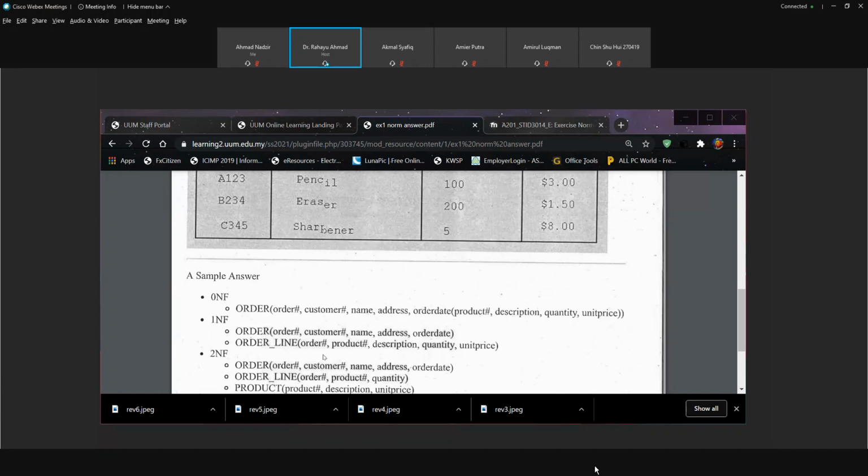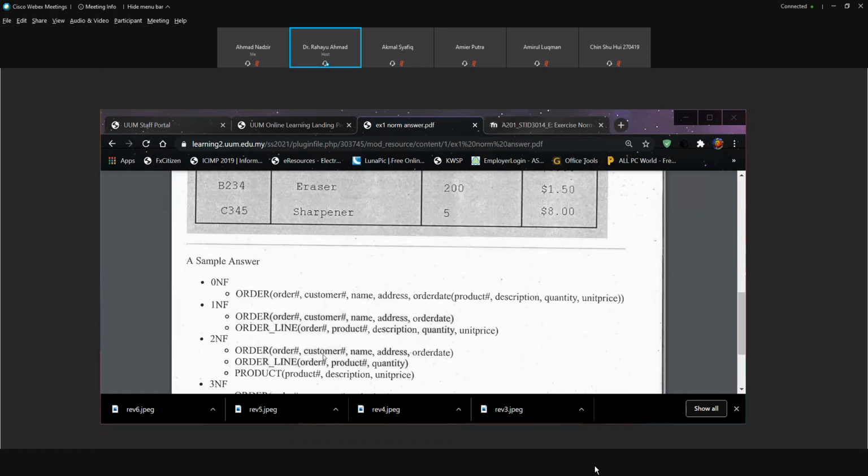Okay, so you tengok pula yang untuk second normalization, what you have to do, you kena pastikan, so in this table kita ada dua key, order number dengan product number. So you kena pastikan every attribute ni fully dependent on both keys. Okay, so I ask you, do you need to know order number to know the quantity?